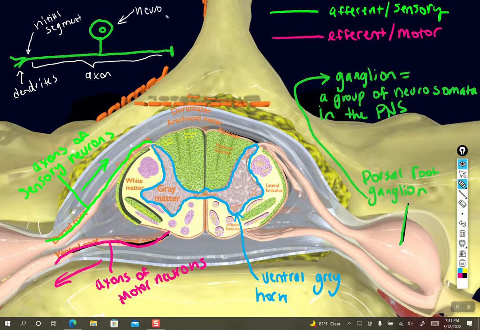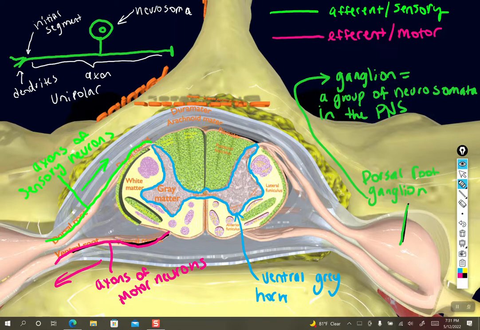So this shape name for this is unipolar. So unipolar neurons are overwhelmingly sensory neurons. And so if you have a bunch of sensory axons traveling together, it makes sense to put all of their cell bodies in the same place.